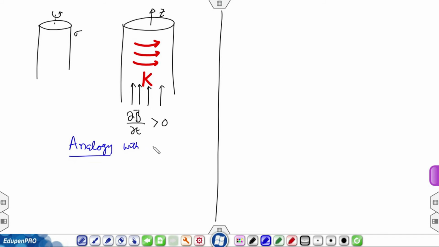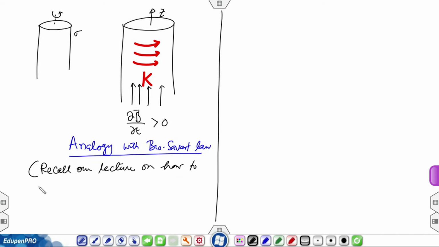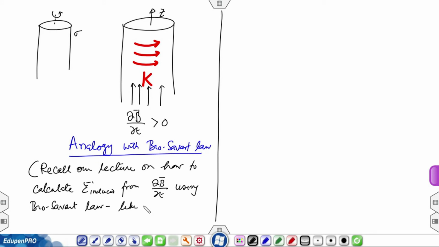Here I would like you to recall our lecture on how to calculate E induced from dB dt using a Biot-Savart law like equation, and this is applicable in the quasi-static approximation.